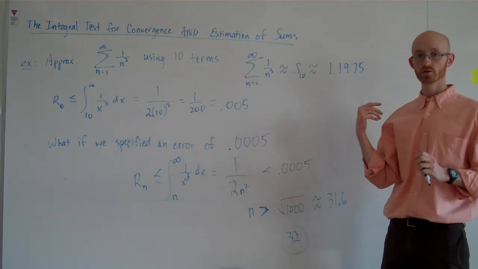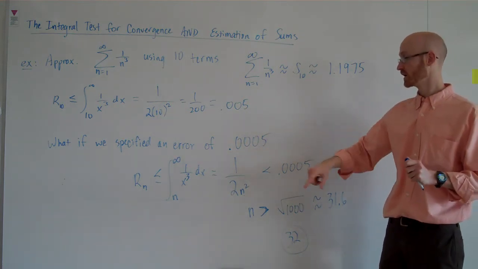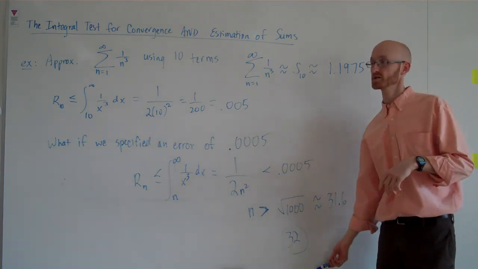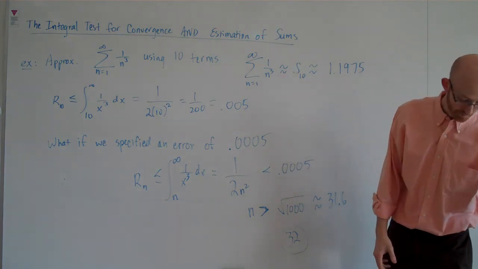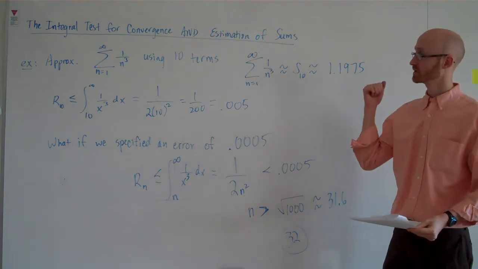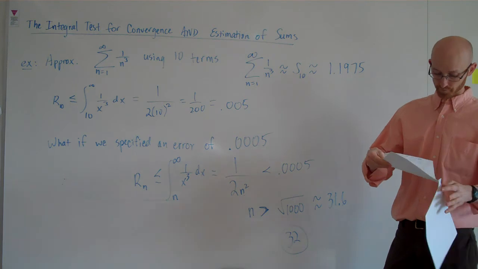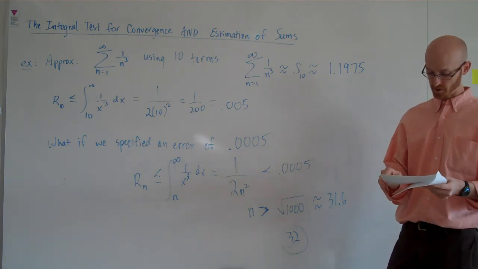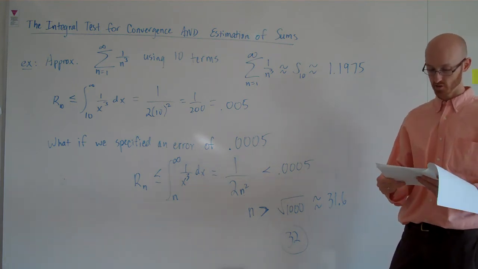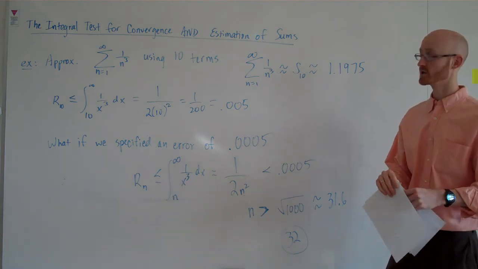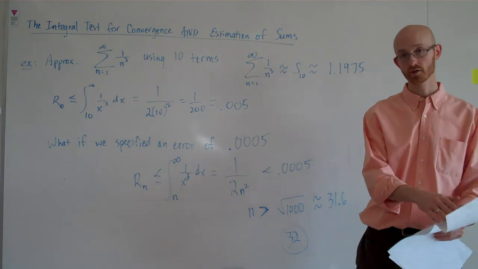So if you went 32 terms out, you're guaranteed to be that far or less away from the actual sum. Okay, so in this lesson we hit an integral test for convergence, and then we used that to study p-series. And after that, we hit estimation of sums, again, using that same approach.